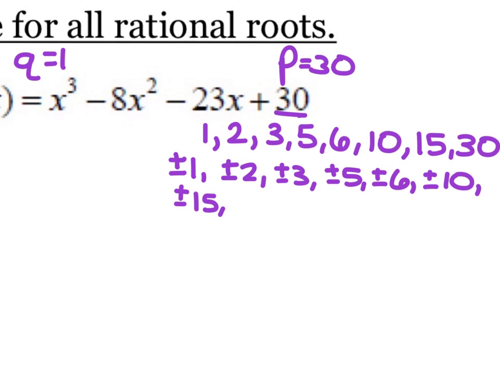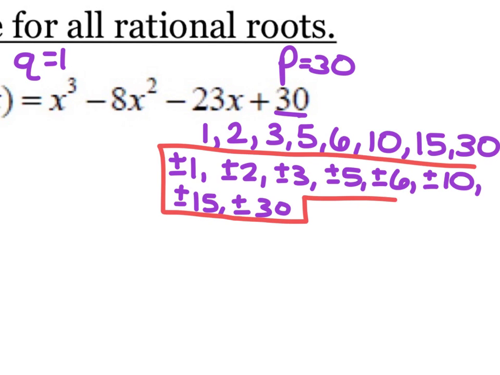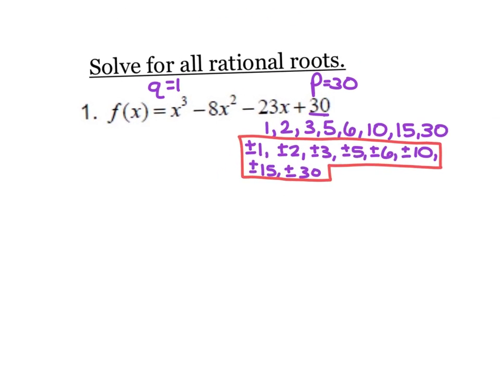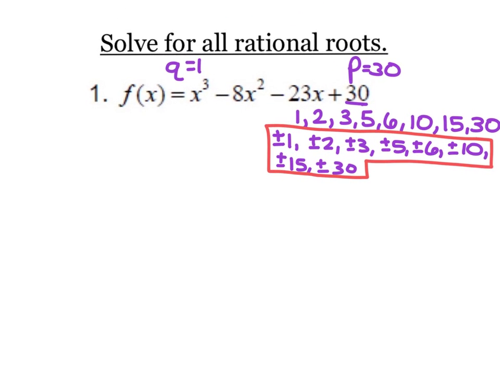So here are all of the possibilities of solutions. There's a lot of possibilities. So how do I figure out which ones are solutions? That's the calculator part. You just got to plug in. You're going to take a guess. I'm just going to guess 1 off the top of my head, and I'm going to plug in. Again, this is something that you don't have to write down. You could just do this in your calculator. What if one of my zeros is 1?